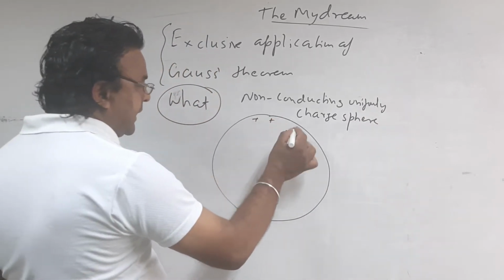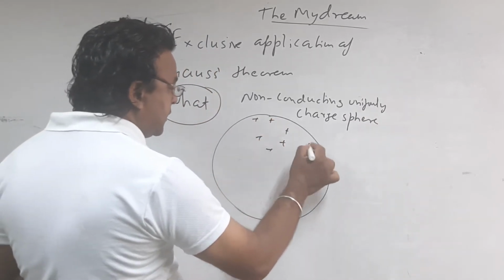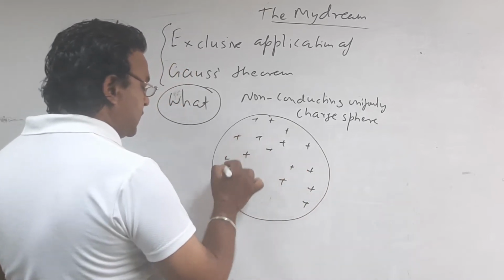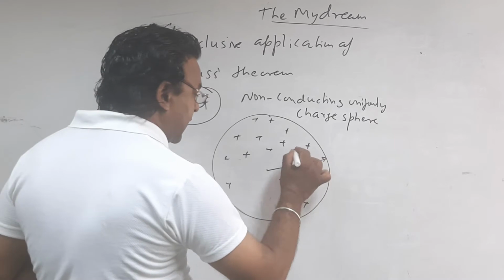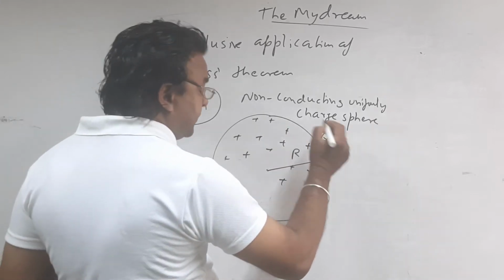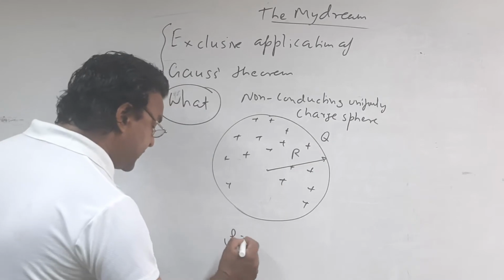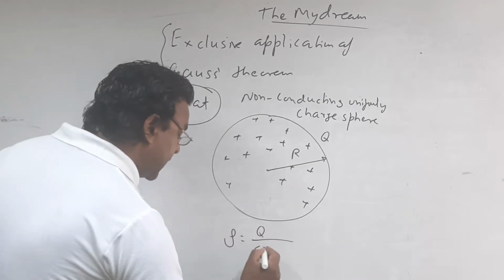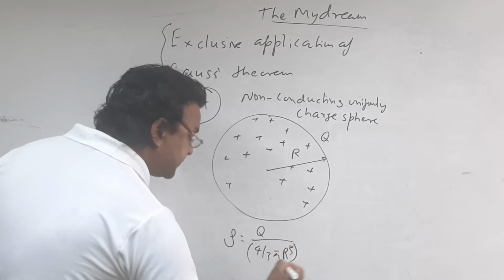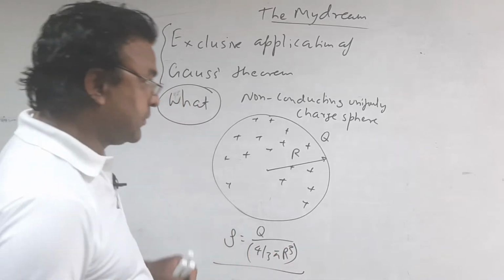That means charge is everywhere inside the sphere. It has radius r. Total charge is q. The charge density is q by 4 by 3 pi r cube, right, charge per unit volume.